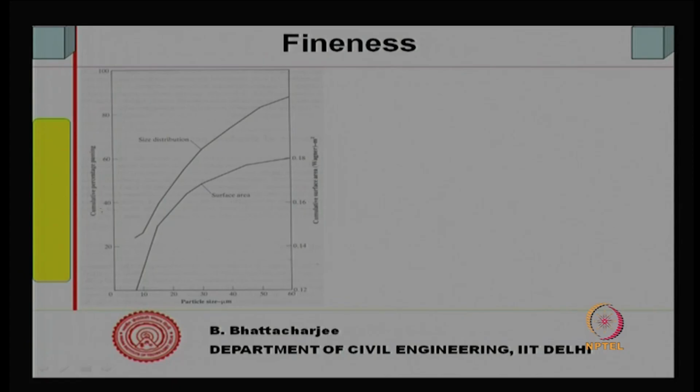You see the cumulative percentage passing fraction, this is a sieve size maybe in microns, and this is specific surface by a particular method called the Wagner method. So, if you look at the size distribution, surface area has a relationship with size distribution. If I can find out specific surface or surface area, I can find out the size distribution correspondingly. So, it is related.